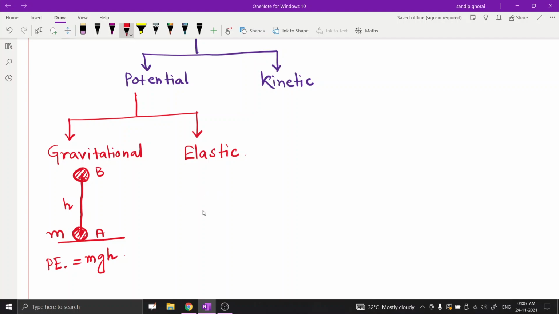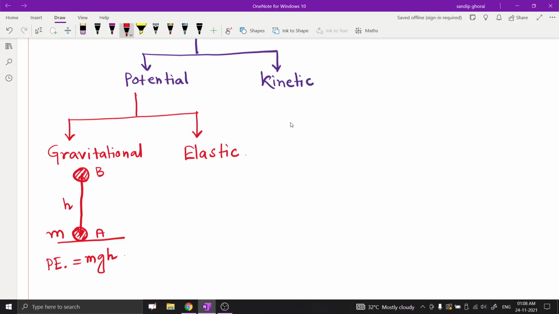But this is not included in your syllabus. The numerical expression, not the concept, just the numerical expression for elastic potential energy, is not included.